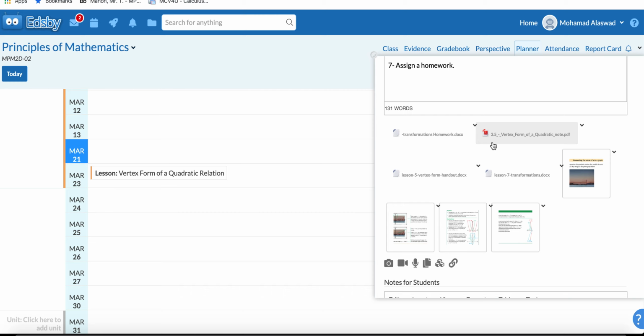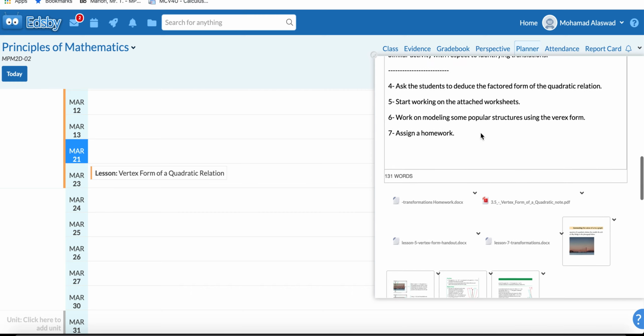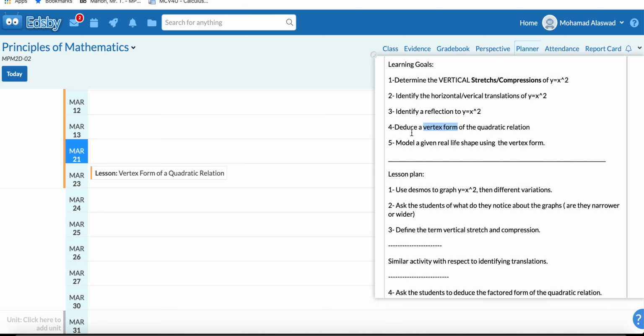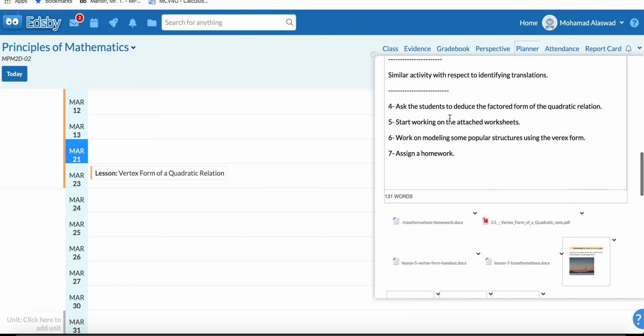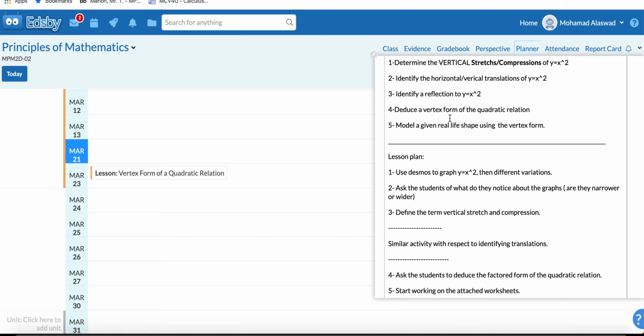I'm not gonna just throw in the surprise here. We're gonna deduce that form. I'm not gonna teach you that form. You will deduce it by working through the worksheets that I've designed here. I will lead you through them while we meet on Hangouts on Monday.